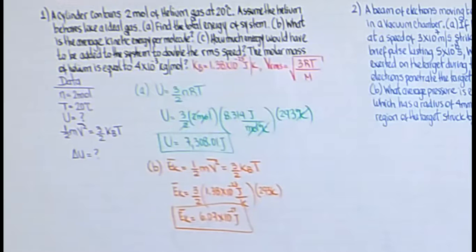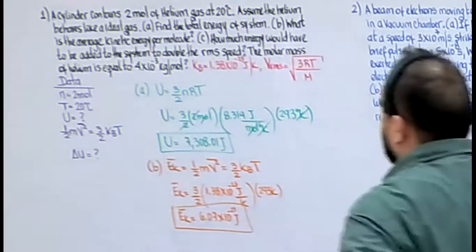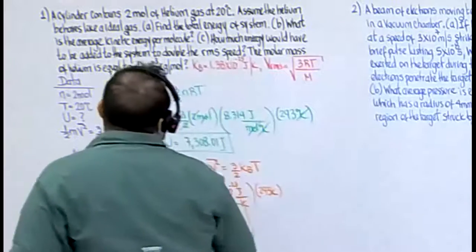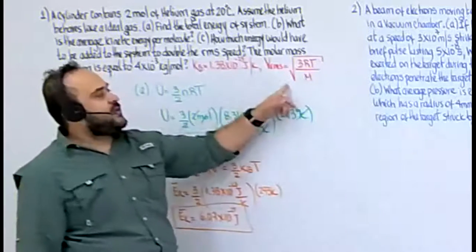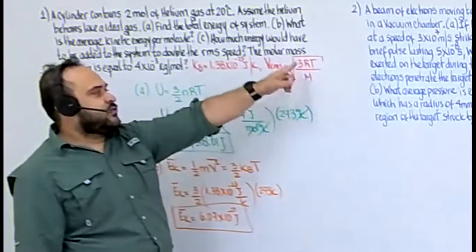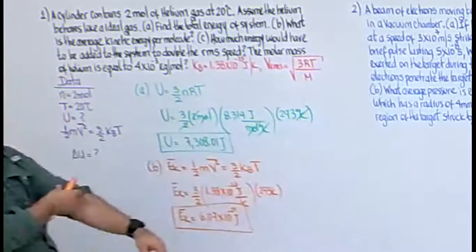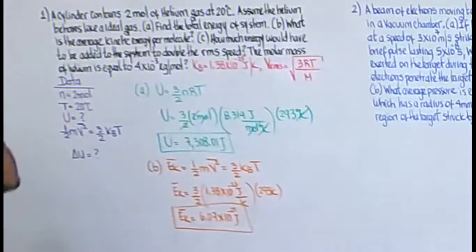Now, the other one says: how much energy will have to be added to the system to double the square median speed? Remember, the square median speed is given by the square root of 3 times the universal constant of gases times temperature, divided by the molecular mass or the molar mass, according to the situation.